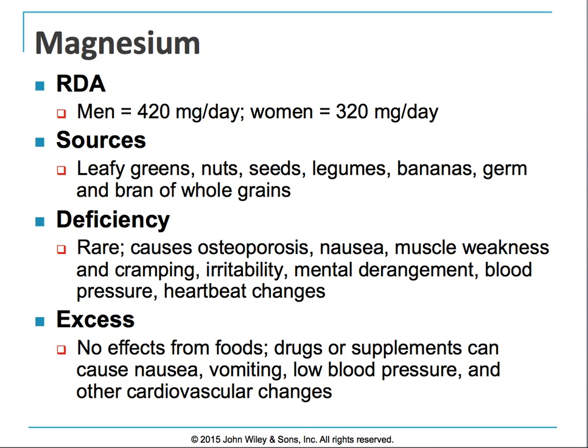Deficiency of magnesium is rare and can lead to osteoporosis, nausea, muscle weakness and cramping, irritability, mental derangement, blood pressure, and heartbeat changes. Excess magnesium intake, we don't really see magnesium excess from food intake. However, it is seen sometimes with drugs or supplements and can cause nausea, vomiting, low blood pressure, and other cardiovascular changes.